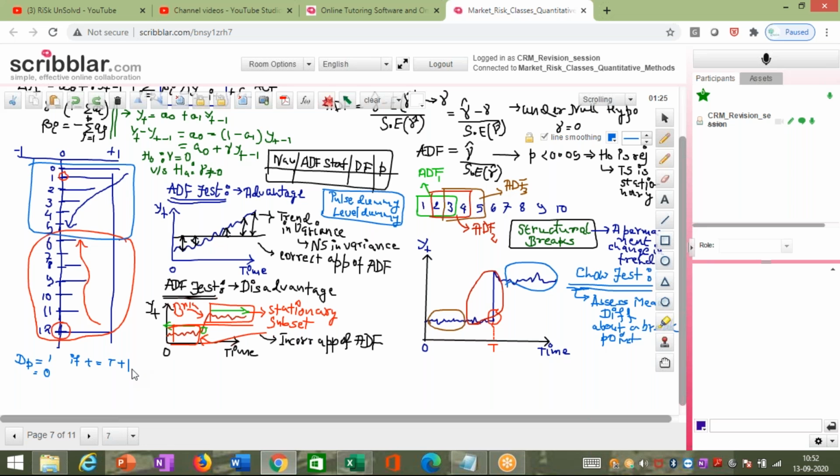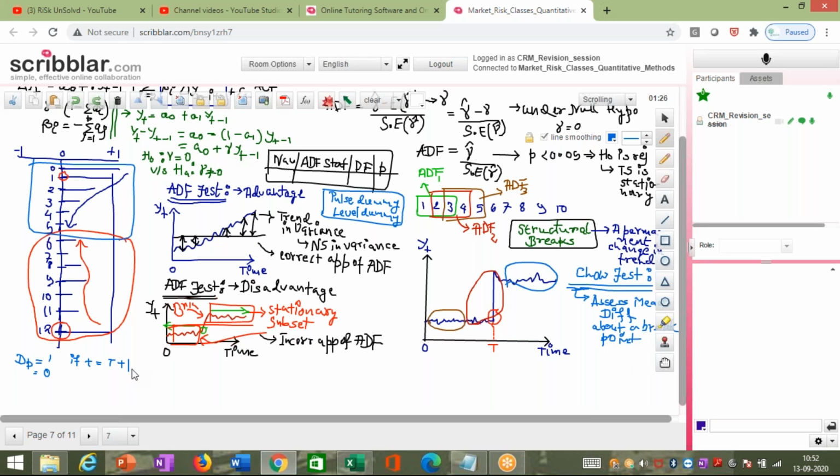The pulse dummy helps me assess whether the mean is higher. What I want to understand is whether this increase in the mean is statistically significant, such that I can call this a structural shift. That is what the Chow test will do.